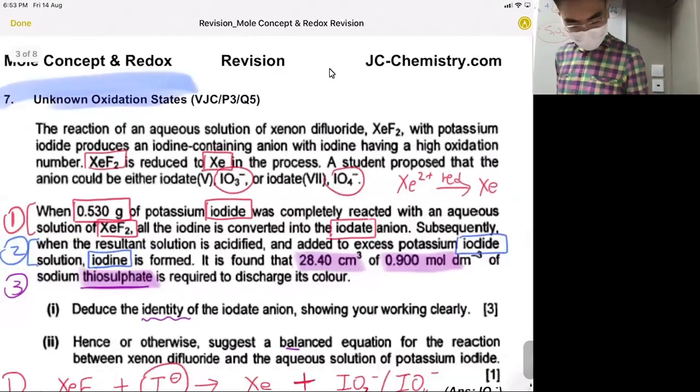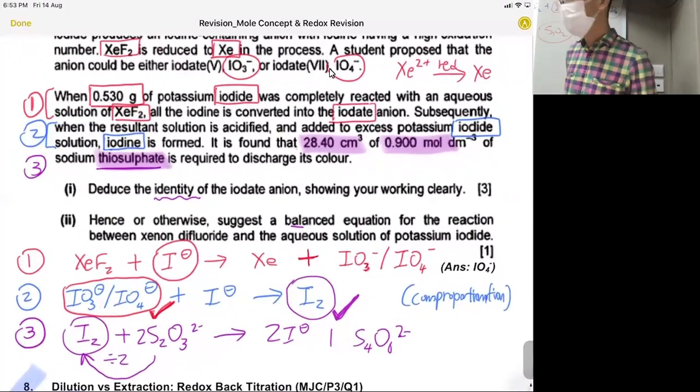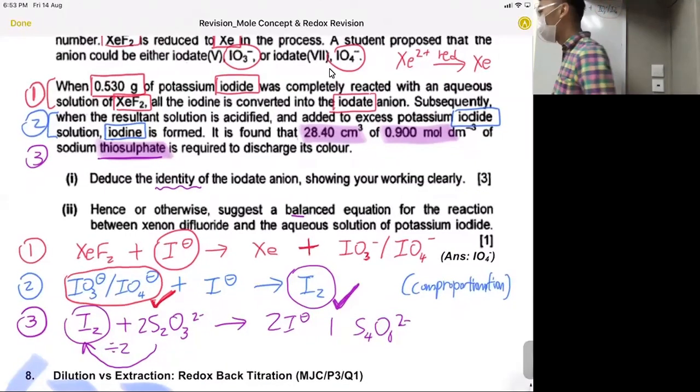Okay, I just flash out the top again for some of you who are still not very sure. You can look at the steps. Correct, you got it here. Then after that, you solve for this equation.